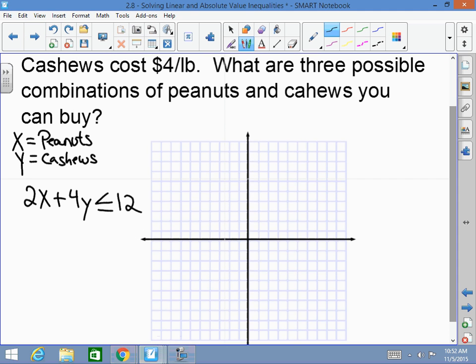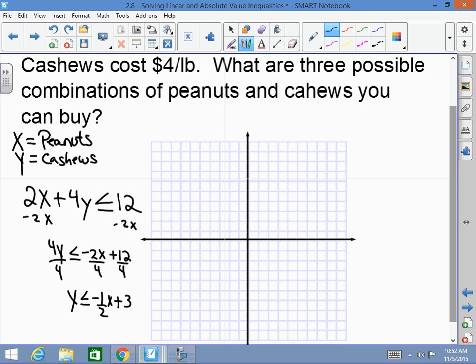You subtract 2x from both sides: 4y is less than or equal to negative 2x plus 12. Divide by 4: y is less than or equal to negative 1/2 x plus 3.